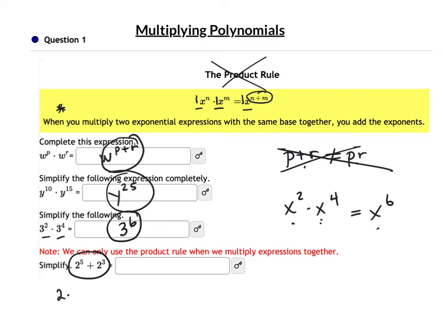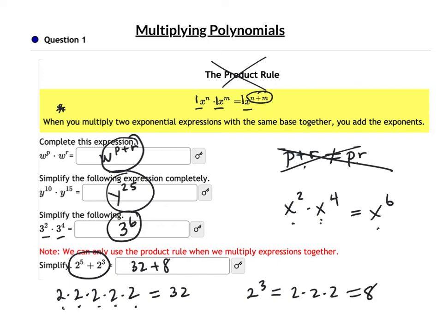I take 2 to the 5th, which is 2 times 2 times 2 times 2. 1, 2, 3, 4, 5. I believe that's 32. I add 32 and 2 to the 3rd is 2 times 2 times 2, which I believe is 8, and 32 plus 8. So the answer to this question ought to be 40.